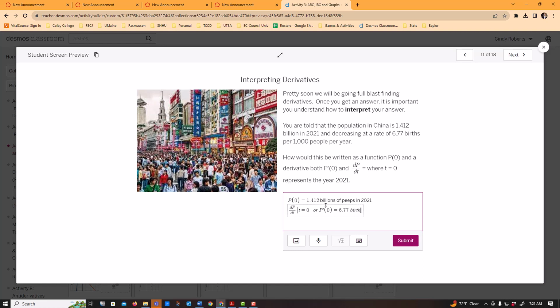So births per 1,000 people, I'm not sure it's going to let me do this, per year. Let me do it outside here, per year. Okay, so that's the difference between the value of a function and then the derivative of a function.